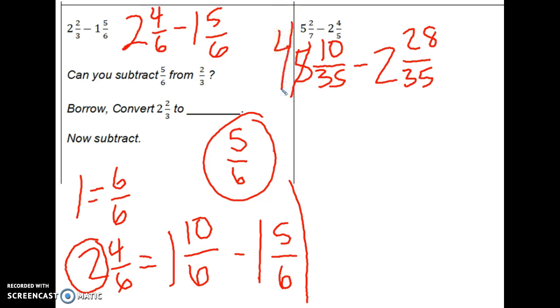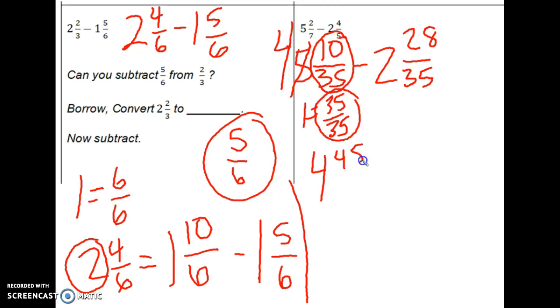if I borrow 1, remember 1 whole in this case is equal to 35 over 35. So I need to add this to the current fraction that I already have of 10/35. So now my whole number is 4, but the 35/35 that I borrowed with the 10/35 makes that 45/35. And then I'm subtracting 2 and 28/35.